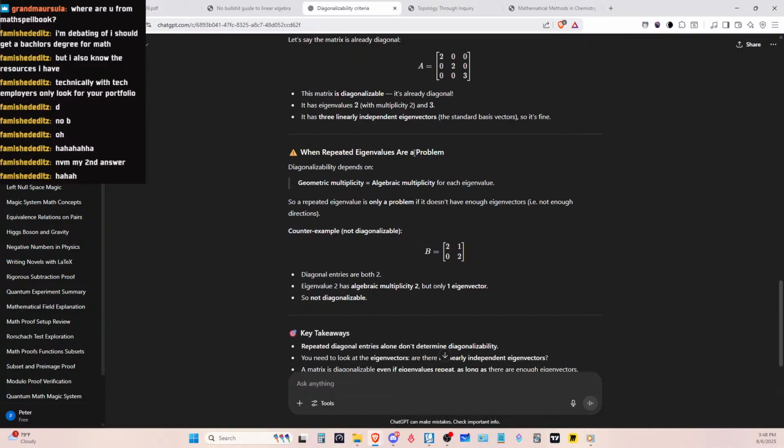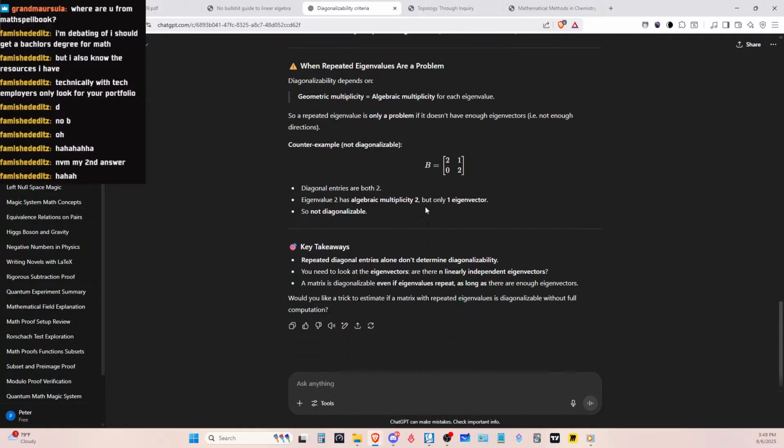When eigenvalues are a problem, okay, so basically if the whole thing is one value, then yeah, it's not diagonalizable. That makes sense. Key takeaway, repeated diagonal entries alone do not determine diagonalizability. You need to look for the eigenvectors in N.